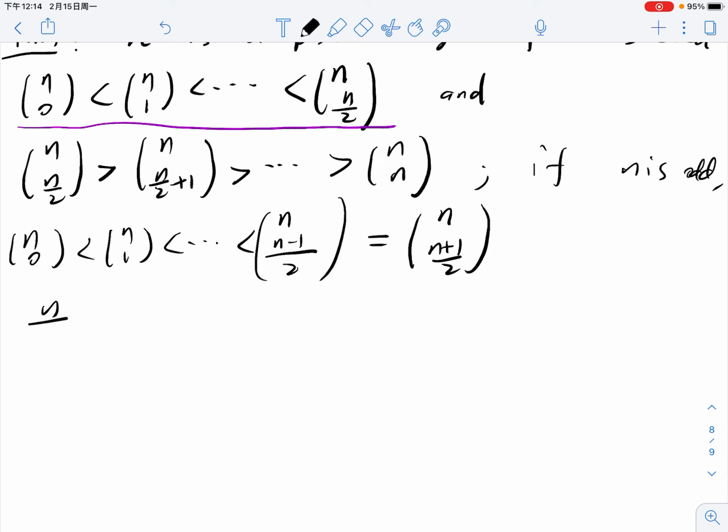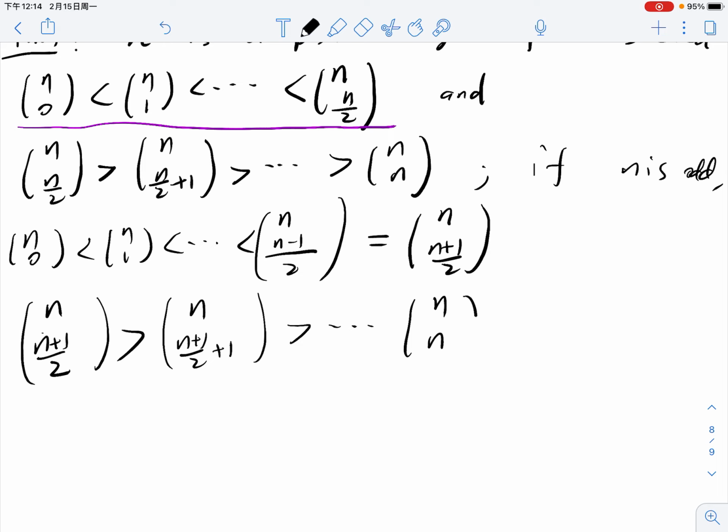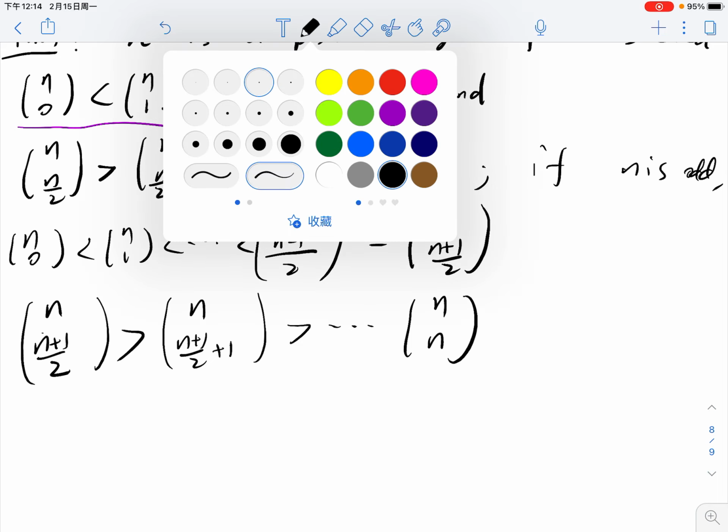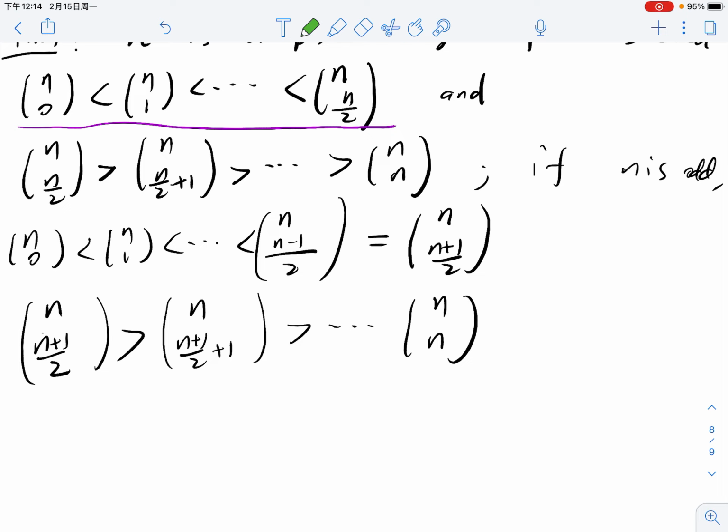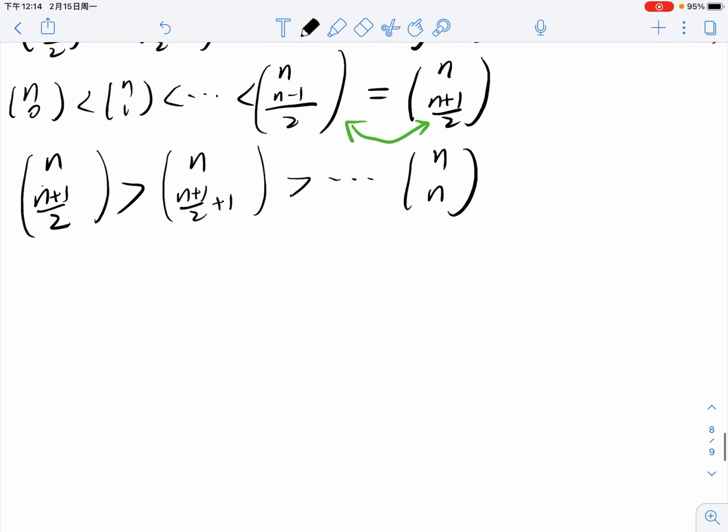Then n choose n plus 1 divided by 2 is greater than n choose n plus 1 divided by 2 plus 1, greater than all the way to n choose n. Note that by symmetry, these two numbers must be the same. Okay, so that's why we have two peaks when n is odd.